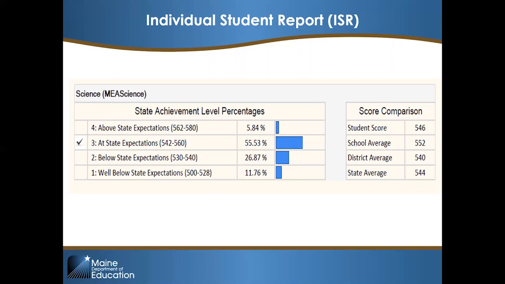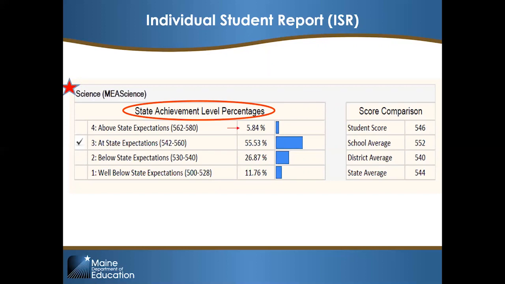At the bottom section of the ISR, we've zoomed in on science for this sample student. Below science, you would find mathematics and ELA literacy. The graph shows statewide percentage of students in each of the 4 achievement levels.